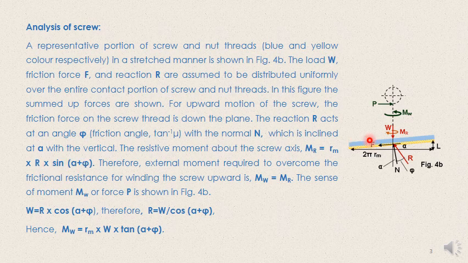If I want to take the moment of this R about the screw axis, I can write an expression for Mr. Mr stands for resistive moment because R is a resistive force. That will be rm multiplied by R sine (alpha plus phi), with the total angle alpha plus phi, giving the resistive moment Mr.